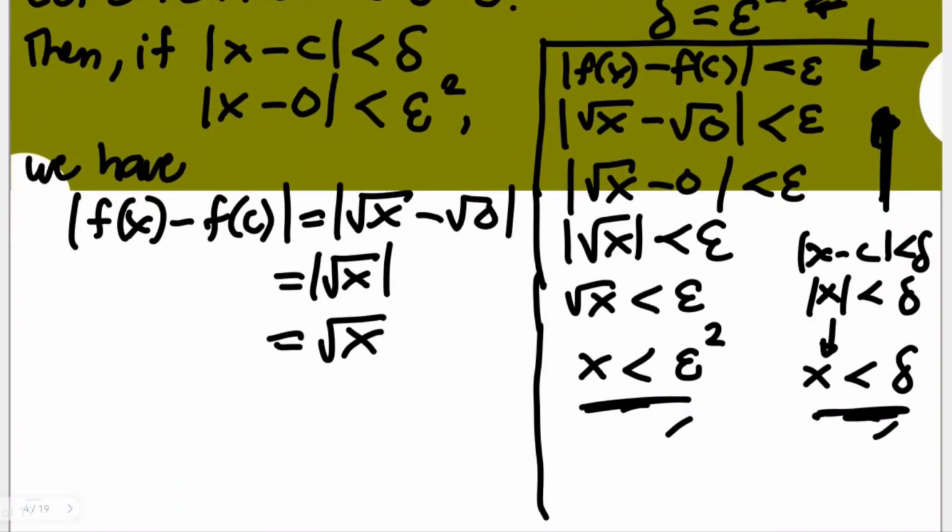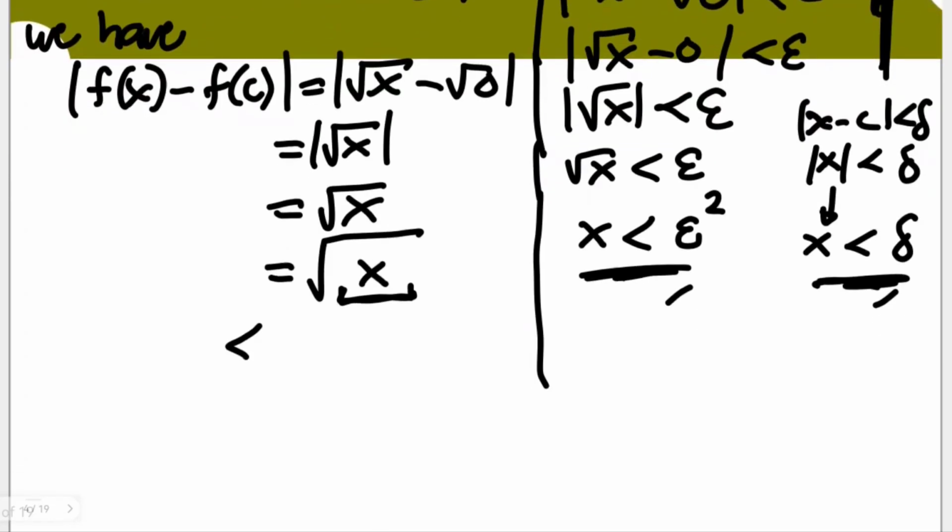Now, when do we get square root of x? Take note that we can also write it like this: the square root of, you have here, your x inside. You have here the value of x inside, which is actually less than epsilon squared. That would mean this is less than the square root of epsilon squared, which will give us a result of epsilon.